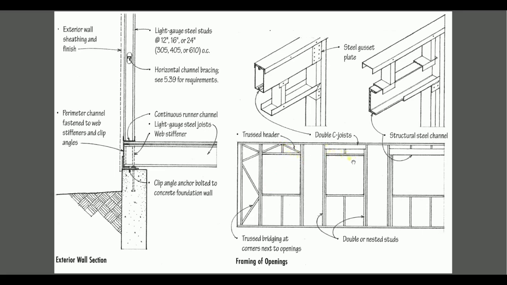It is very light. You see the detail here for the header. It's just the C-channel here and the C-channel here in a different direction, and we put some gusset plate here. So this is easy to install and construct.